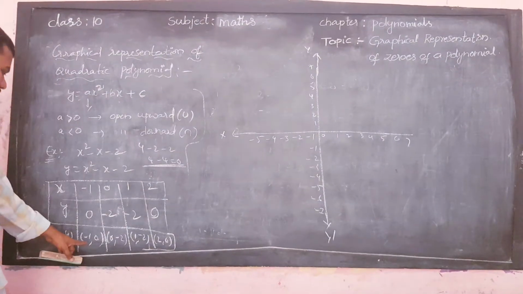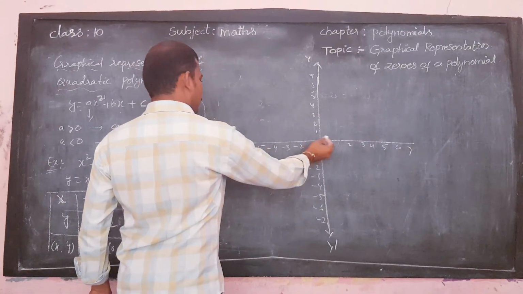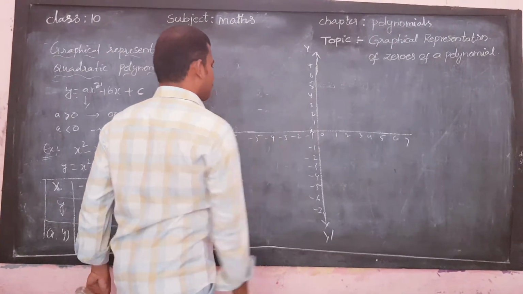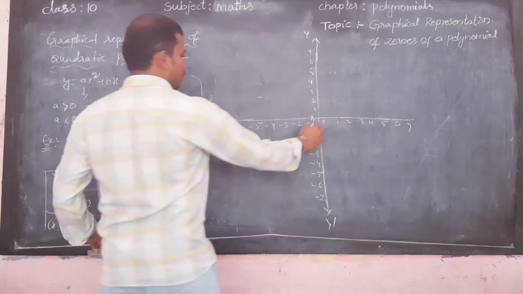So first point is minus 1 comma 0. Minus 1 is the x coordinate, and 0 is the y coordinate. Then 0 comma minus 2, where 0 is the x coordinate.